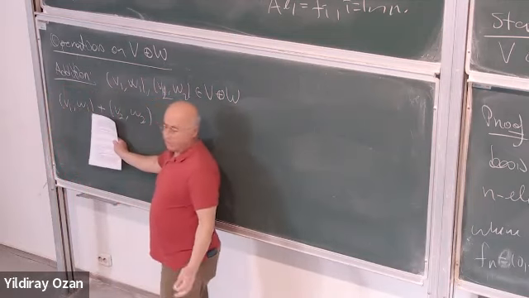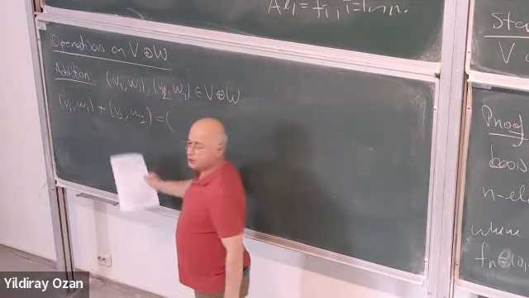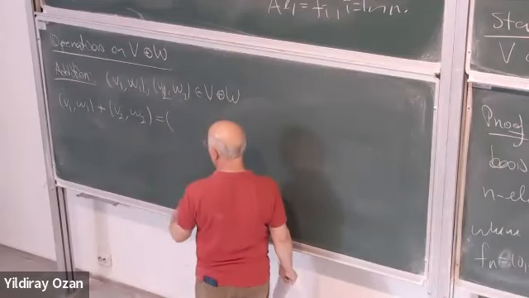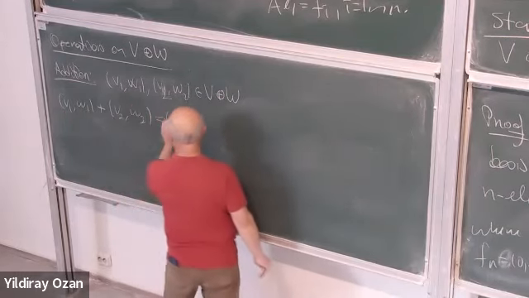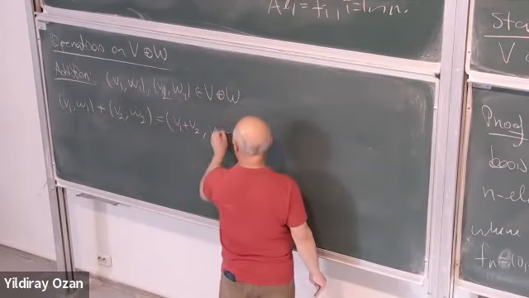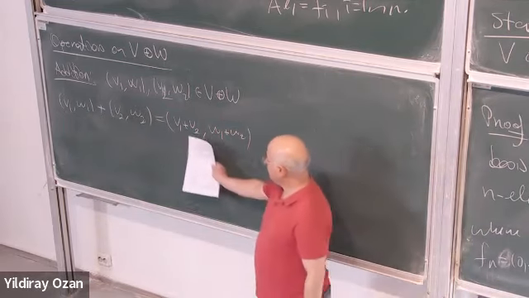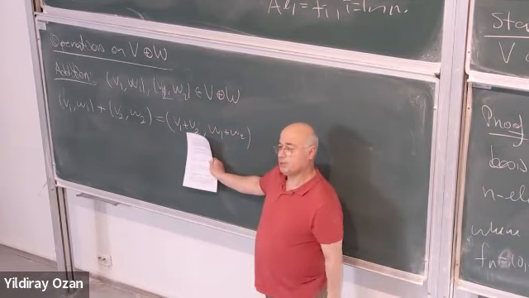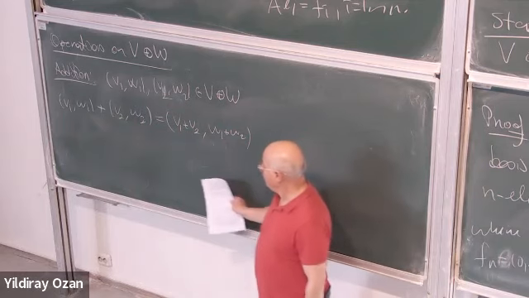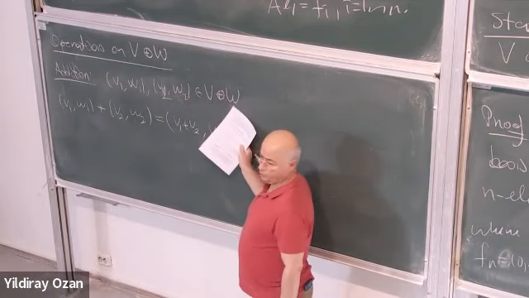So this is a new sum, actually. You just sum the corresponding components. So the first component here is added to the first component of the second vector, and similarly. So the operation is defined componentwise. This is the addition operation of the vector space V. This is the addition operation of the vector space W. This is the addition operation of the vector space V direct sum W.